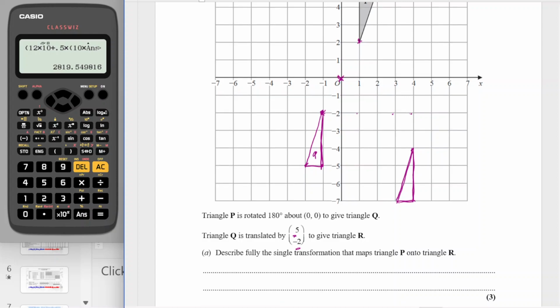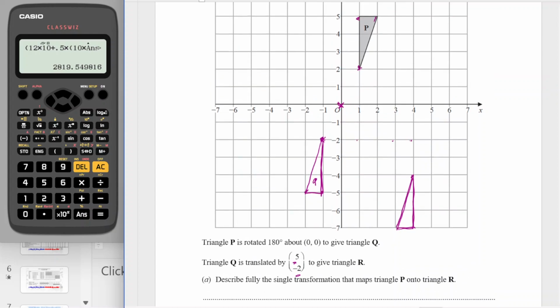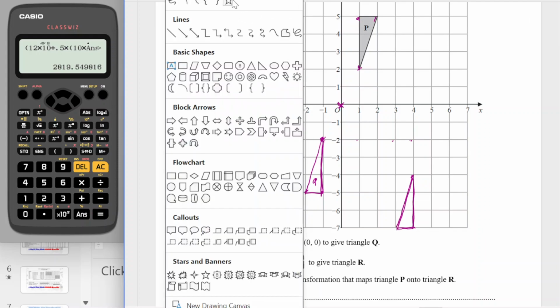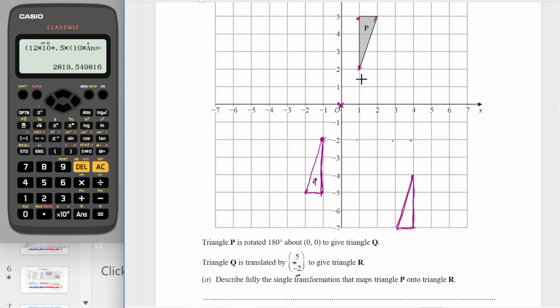Okay, so what we're going to have is a rotation of 180 degrees again. The point of rotation, though, is slightly up for debate. Not up for debate, it needs to be worked out. For a 180 degree one, the most straightforward way is to join like points. So that point and that point, and then do that again.